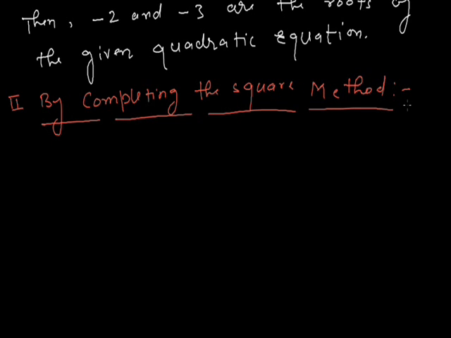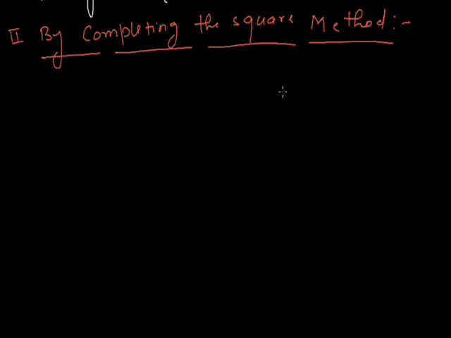In this method we have to make our quadratic equation in square form. Our quadratic equation is in the form of ax square plus bx plus c equal to 0, where a not equal to 0.